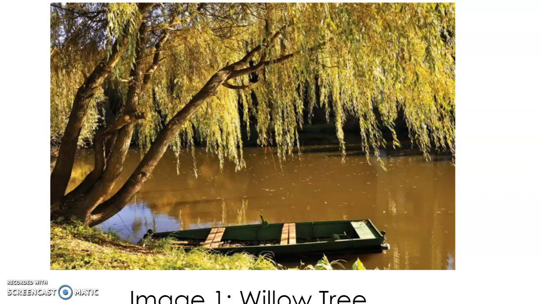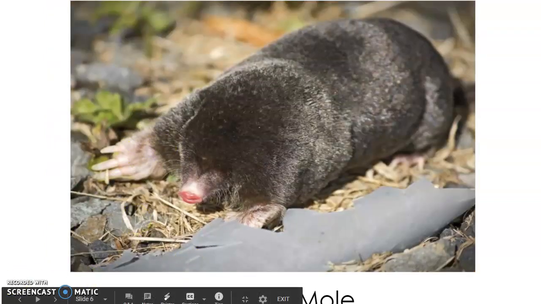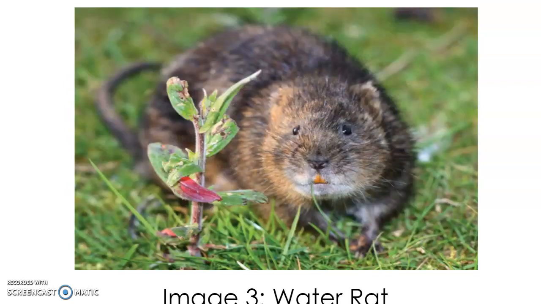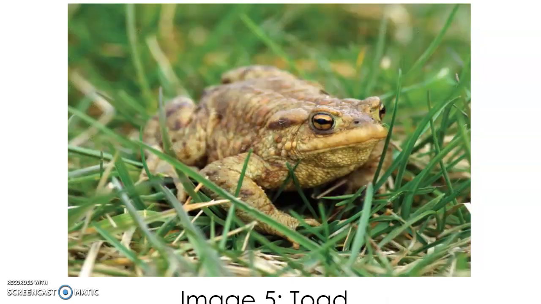One of the main characters in this story is a mole. Yep, look at that. One of the main characters in this story is a mole. And the other main character in this story is a water rat. These are the two characters that you're going to hear about first. Now, there are other characters in the story. A badger and a toad are also other characters in the story.